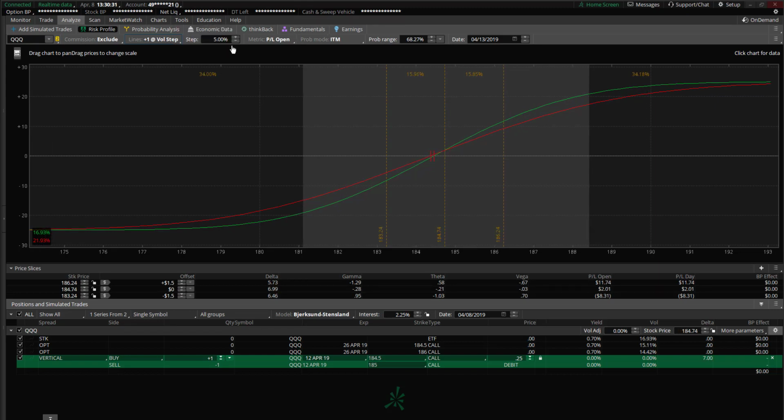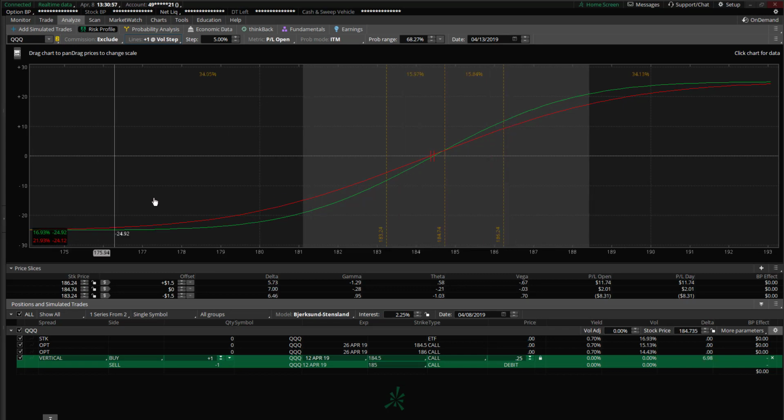I asked to show one line 5% away, and now we have the red one, which is showing us our profit or loss if volatility went up 5%. And you can see that that hurts our profit in this trade because this is a debit spread, and a debit spread is reduced when volatility increases.